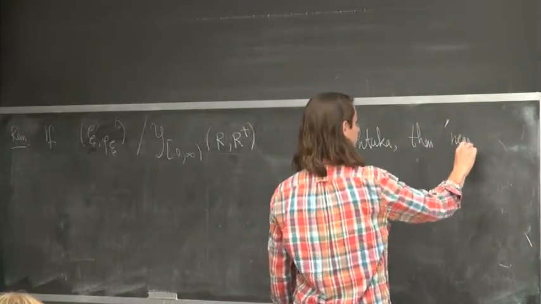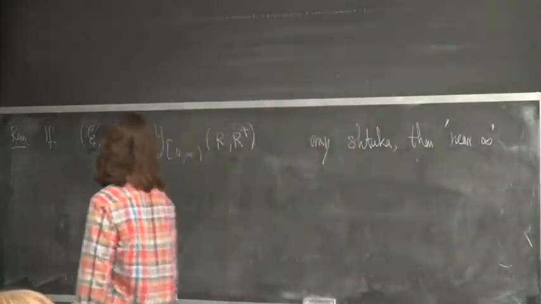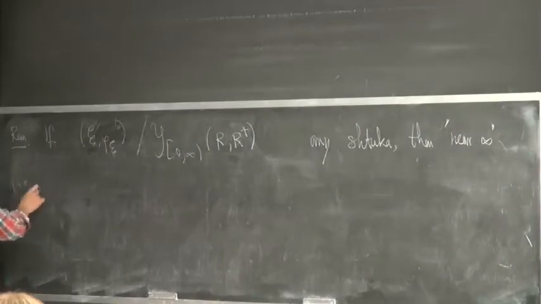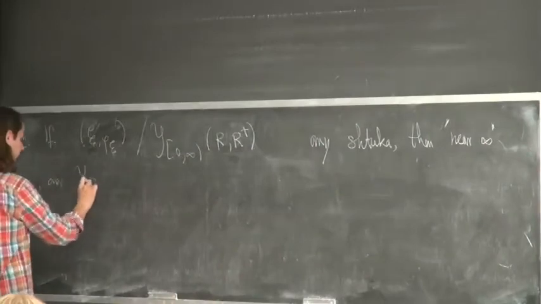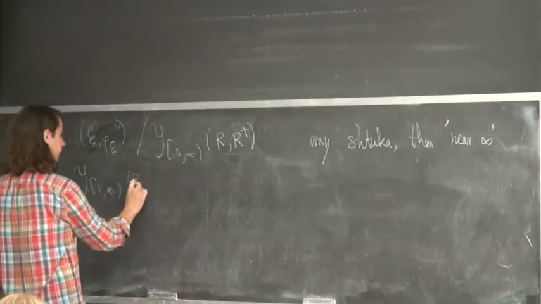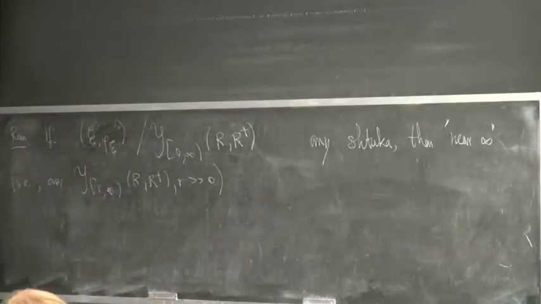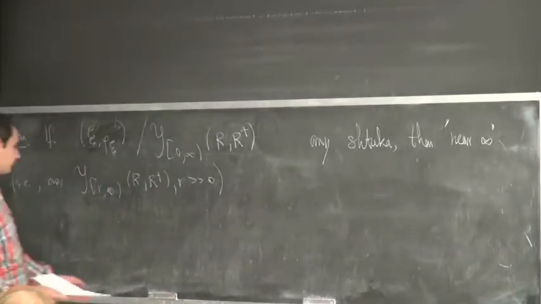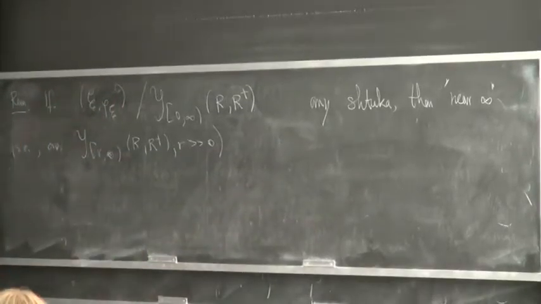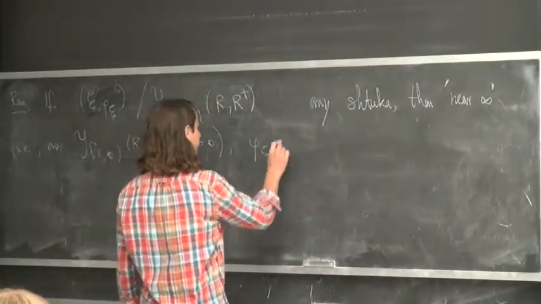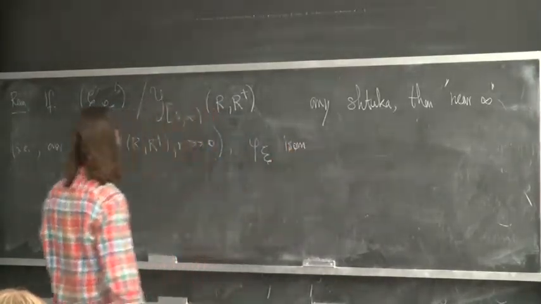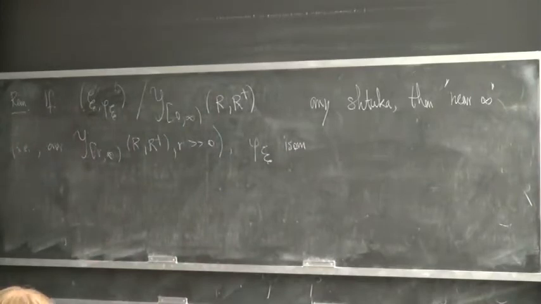Then near infinity, i.e. over Y R infinity, R plus, where R is very large, or actually somehow the complement of any quasi-compact subset, any reasonable definition of near infinity is the same thing, this phi-E is an isomorphism just because it has only finitely many poles or zeros.